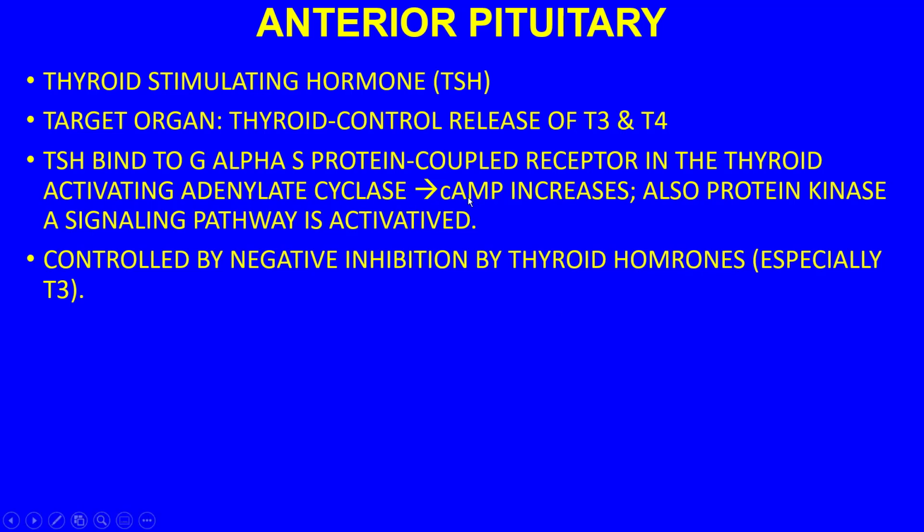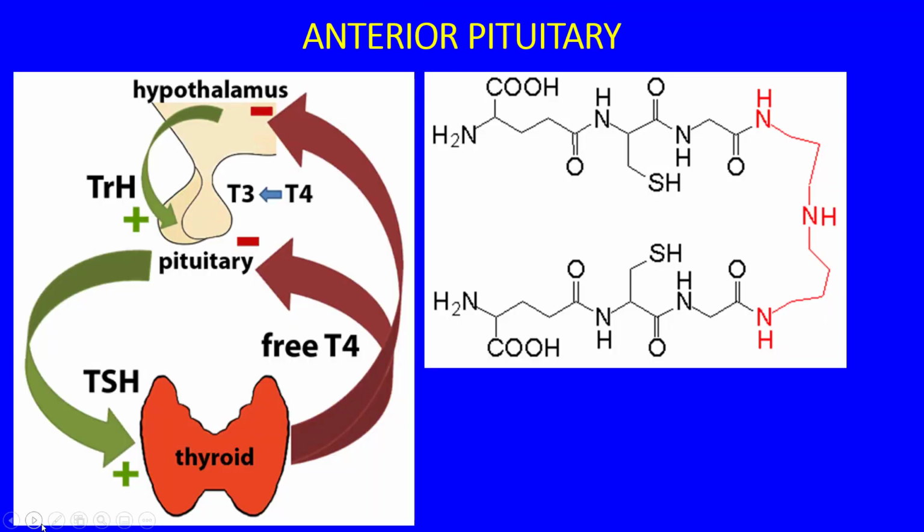You're going to see an increase in cyclic AMP. It's interesting to note also that protein kinase A, that signaling pathway, is also activated. This is controlled by negative inhibition of the thyroid hormones, especially T3. So T3 will have a negative feedback on the release of TSH.